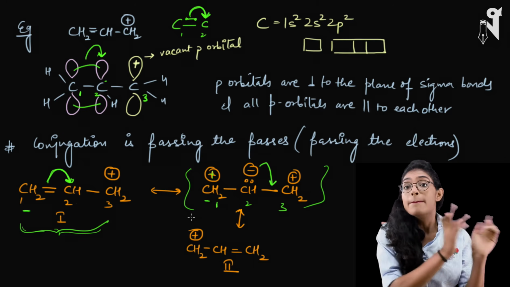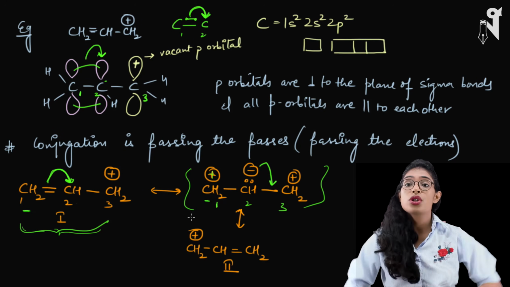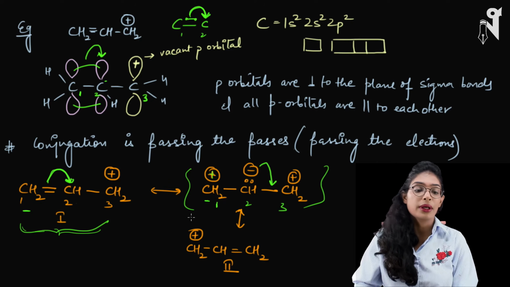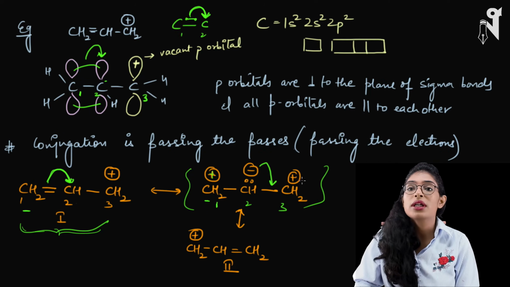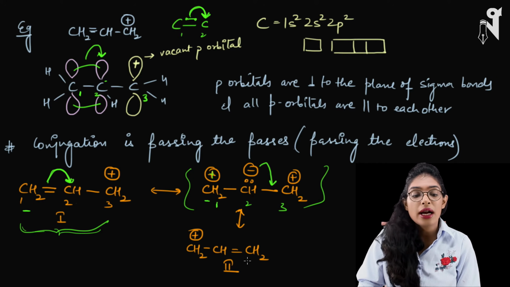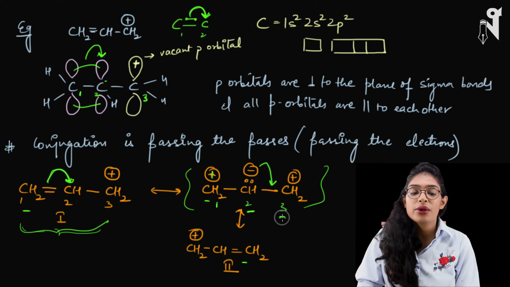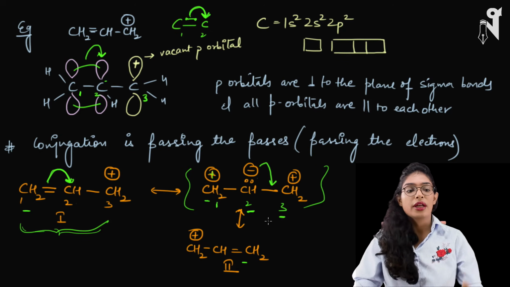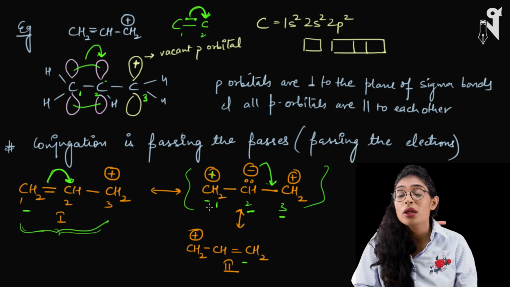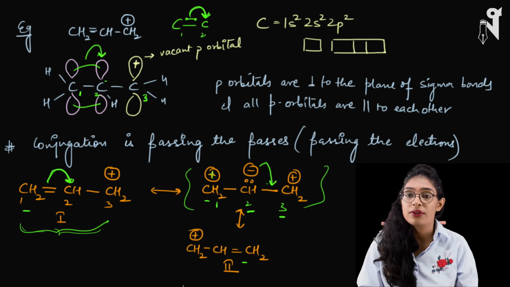But if it plans to share the pair of electrons with carbon 3, then what will happen? Then the positive charge that carbon 3 was carrying will get nullified and a pi bond will form. Carbon 2 is negative, carbon 3 is positive, the pair of electrons sharing will happen and the pi bond will form, whereas carbon 1 will get a positive charge on itself.